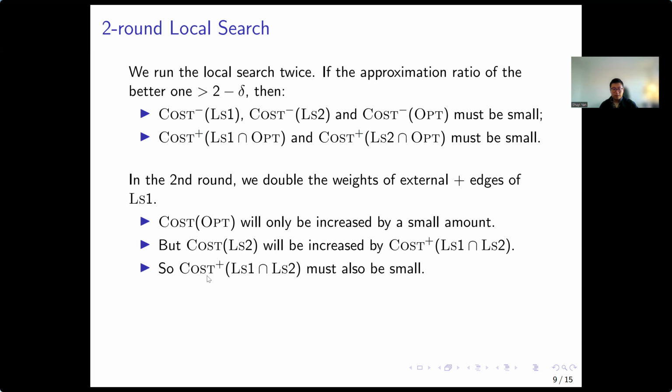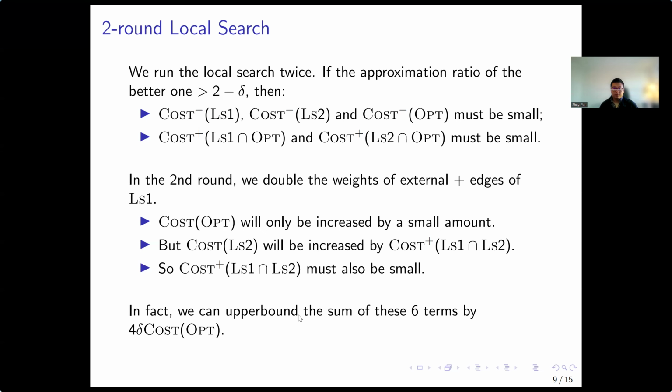So we know that the common plus cost of LS1 and LS2 must also be small. So now we know that these 6 symmetric terms are all small. And in fact, the exact constant is that the sum of these 6 terms can be bounded by 4 delta times the cost of optimal.